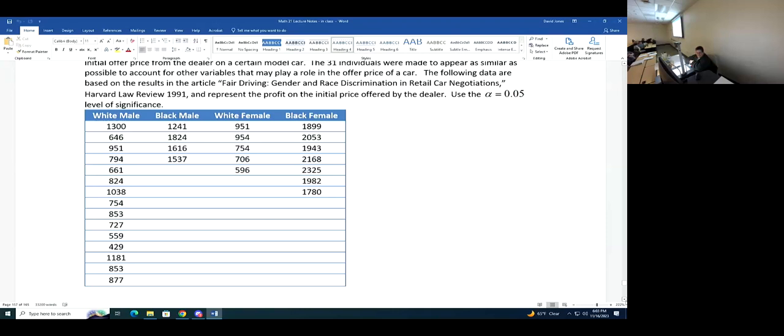And then look at the column next to it, they're all under 1,000. It's only 3 digits. Now, it looks like they hated the black females. Black males did better than black females. White females are the only group that didn't have 4-digit numbers, but they didn't actually have the lowest one. With white males, someone got it down to 429 without haggling. I'm assuming they approached all male car salesmen.